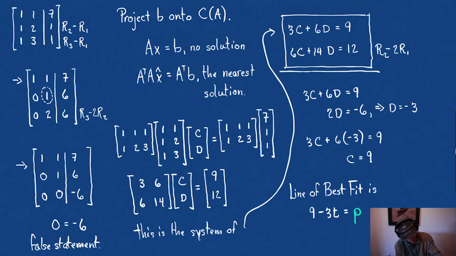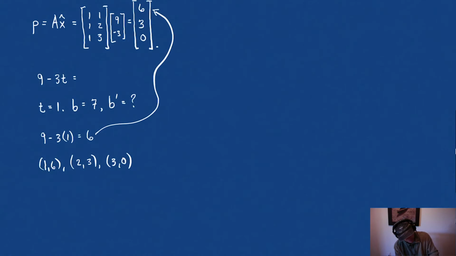And if we go to this next picture, it should not be a b prime there or there. These should be p's.